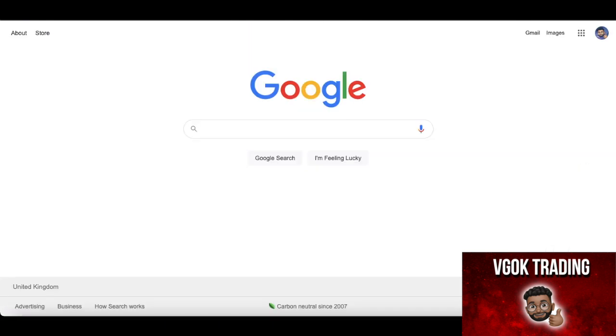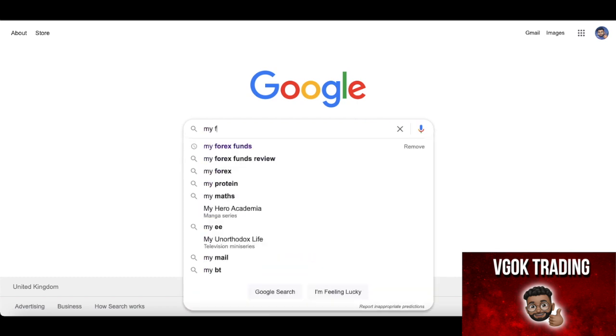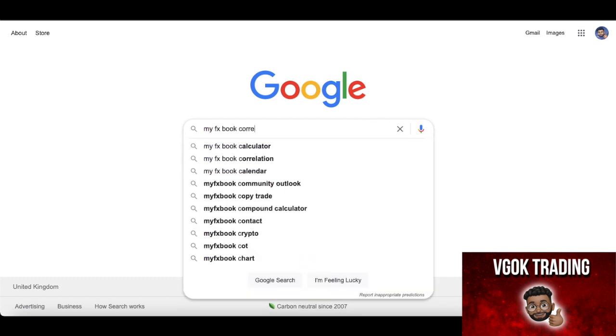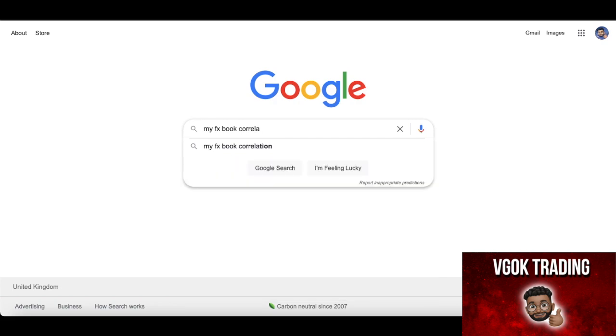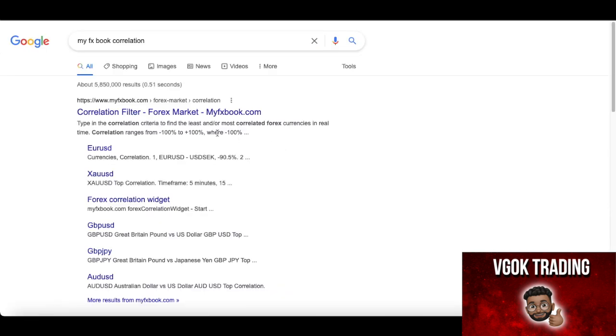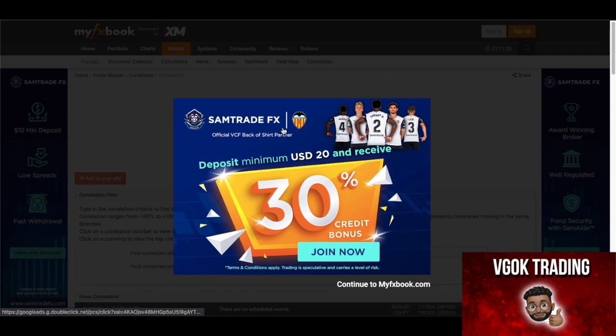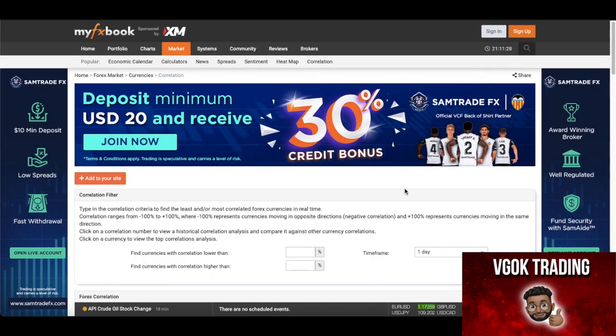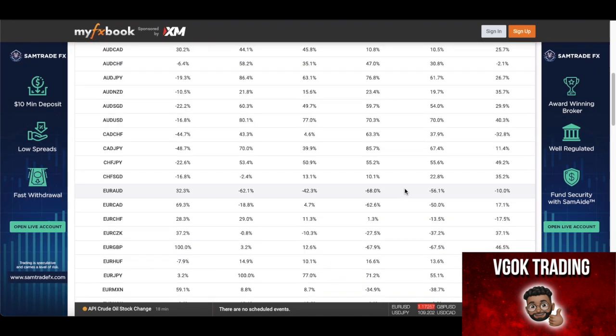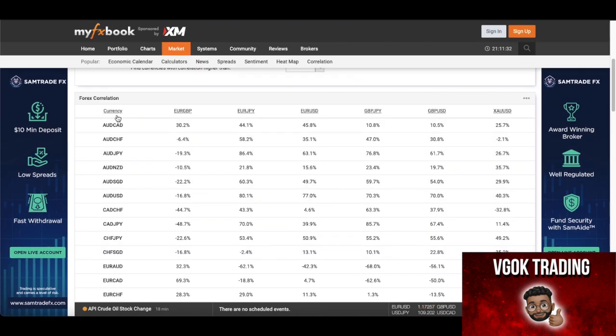And if you head over to Google and type in myfxbook correlation, and click that first link, on this page you can actually filter and see which currency pairs you want to be comparing.